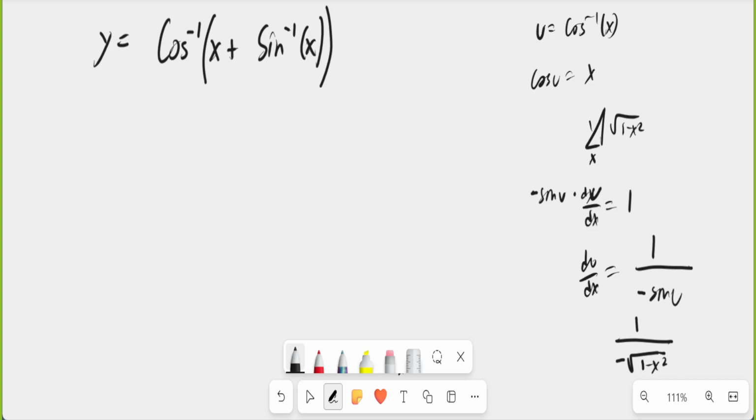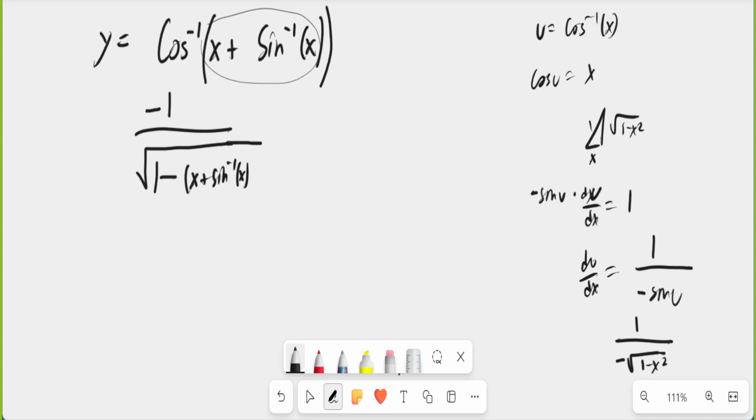Okay, so that's cosine inverse, right? I'll put the negative 1 on the top, over 1 minus the inside, because we're doing chain rule, x plus sine inverse x squared, times the derivative of this, and that's 1 plus the derivative of sine inverse x.